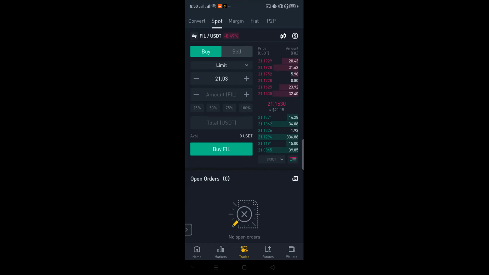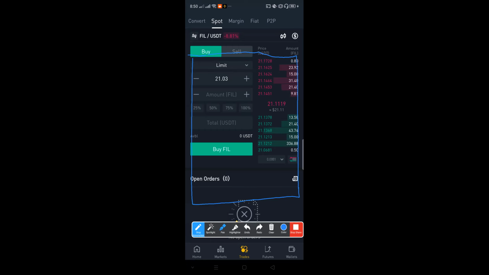So when you buy on spot and the order is executed, what you've purchased, you have acquired it, then you can now go to sell. Now you see that there is no point for take profit and stop loss on spot, just like we have on futures. So if you now want to sell on spot, what you need to do is to click on this sell you see here.